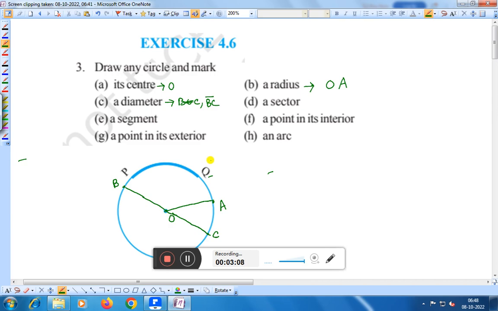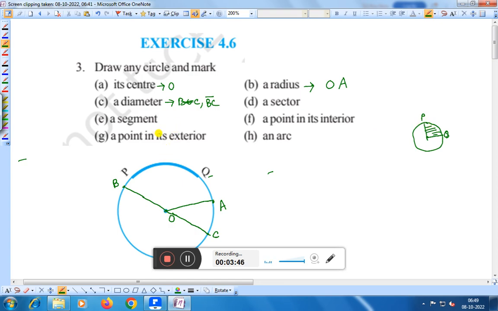Next, D, a sector, right? Sector means, suppose this is a circle, and this is the center of the circle. If we take two radii, this is one radius and this is one radius, and this is one arc, suppose PQ is the arc, and this PQ arc is covered by two radii, and this area is the sector of the circle, right?